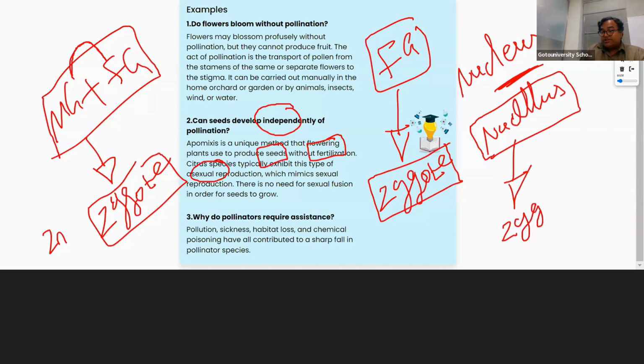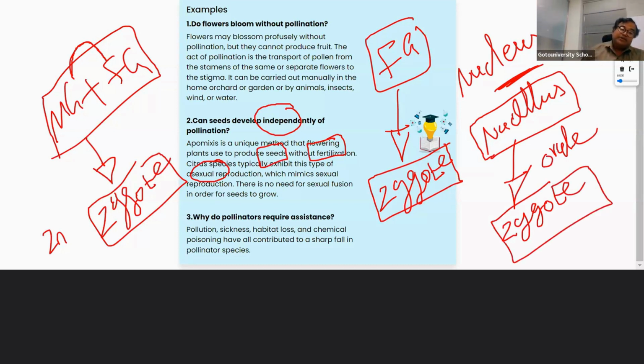The nucellus, a nourishing structure of the ovule of the female ovary, has the potential to become a zygote without the help of the male gamete. So fertilization is not mandatory to make fruits every time. In most cases fertilization is required, but in a few cases, like lemon, we don't need fertilization.